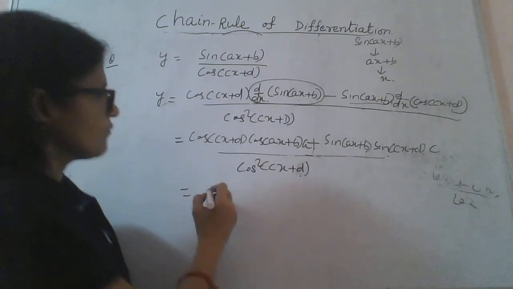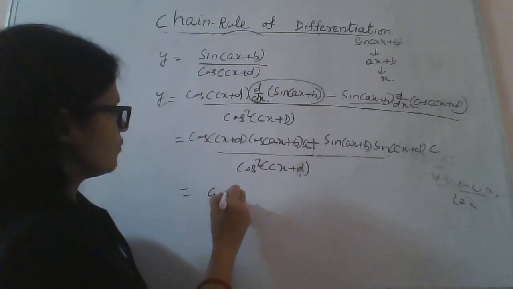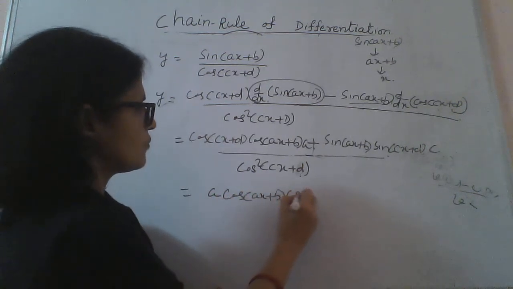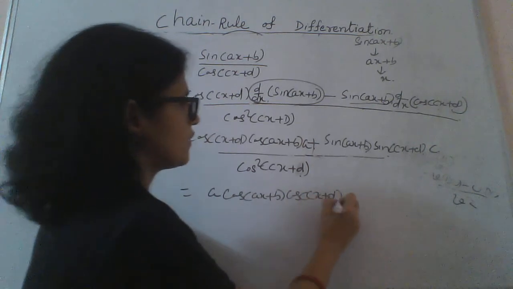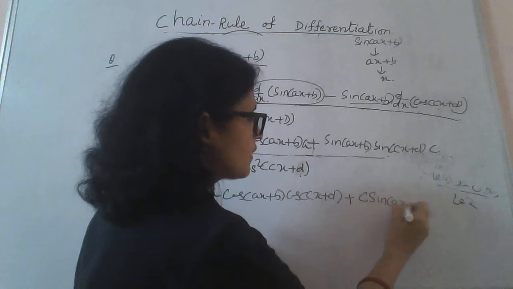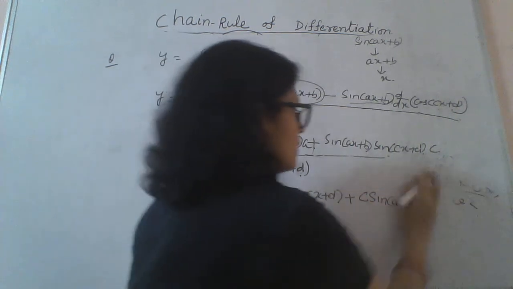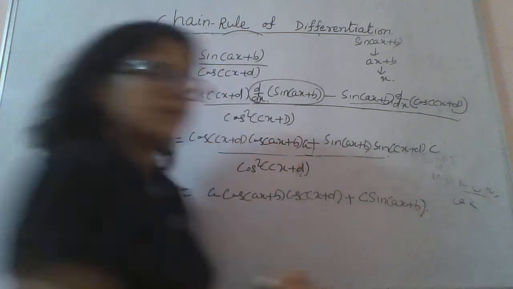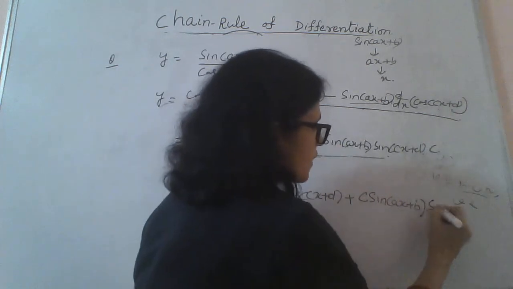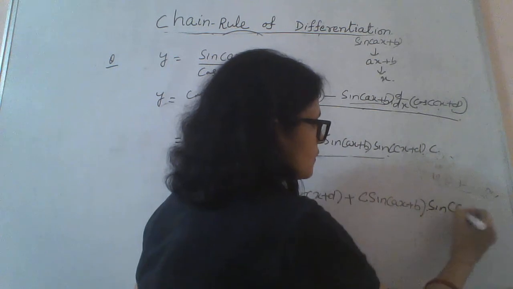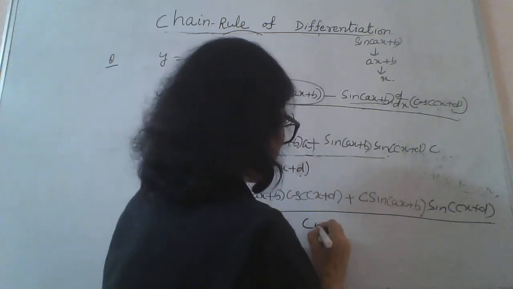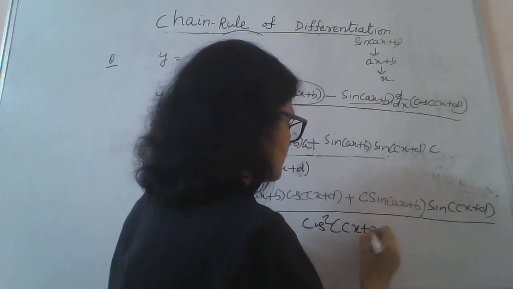So you are finally getting a into cos ax plus b into cos cx plus d plus c into sin ax plus b into sin cx plus d, divided by cos square cx plus d.